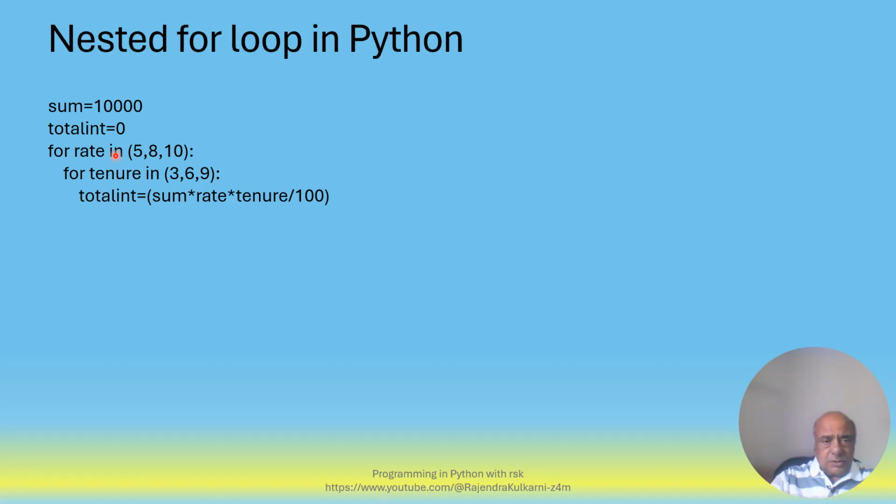So what do these 5 steps here do? Sum is assigned the value 10,000, total int is assigned 0, and we use 2 for loops, one nested into another. Now what will happen?